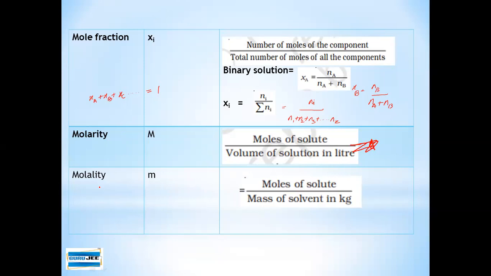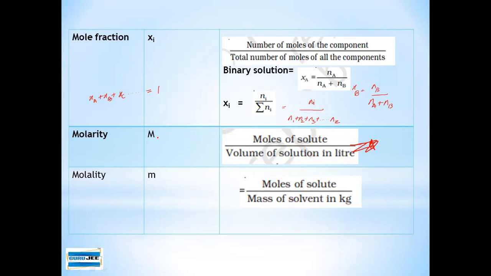The next is molality. From the name we can get a clue: little. So the term will be little m, the smaller m, for molality. The equation is moles of solute divided by mass of solvent in kilogram.